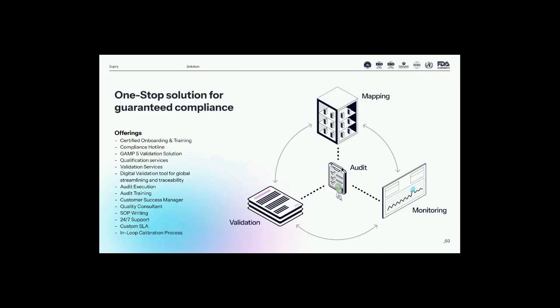So how can we actually combine these different elements? How can we be a company which can actually be like a one-stop solution for it, and really bridging the gap between all these different elements, because they are all related to each other, and obviously very much related to the whole audit preparation part of it. So that's a short introduction, at least, to what we do and what we work with in our day-to-day.